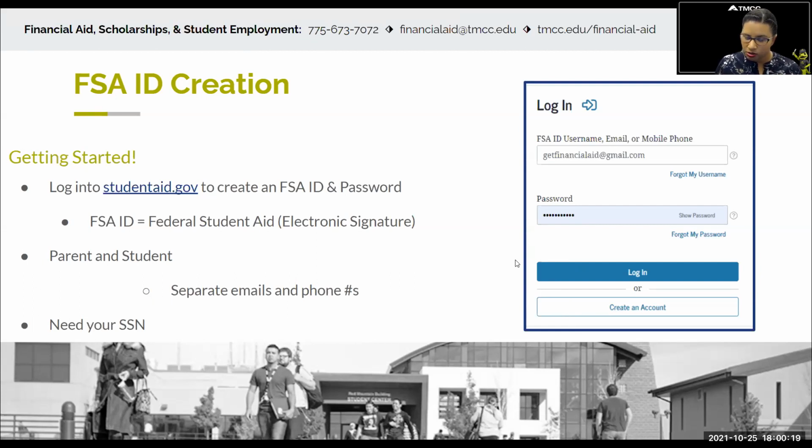It depends. On the FAFSA application, there's a list of questions called the dependency status questions. If those are answered all no, then the student does have to have their parent information on the FAFSA, regardless of whether they live with their parents or not, and regardless of whether they're over 18 or not.